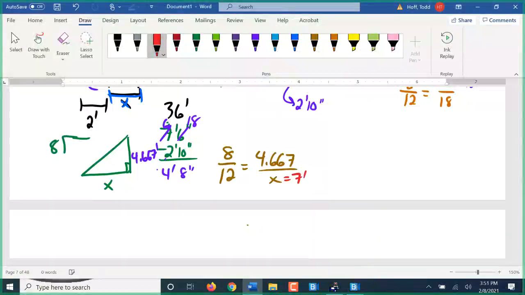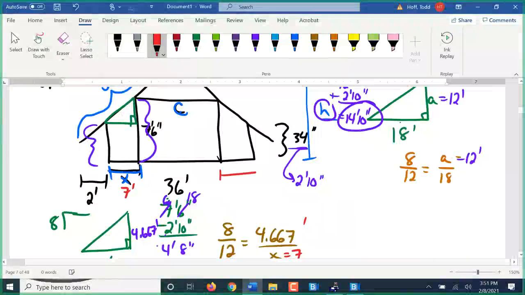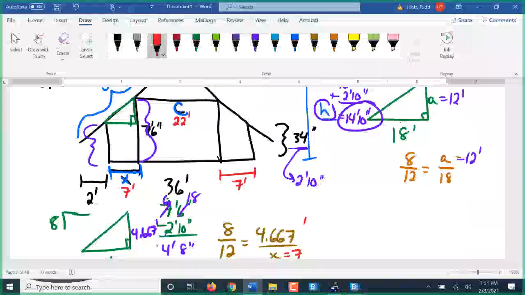That X is 7 feet. This is 7 feet. What does that tell us about C? 36 minus 14, which is... I'd actually pretty much have C.